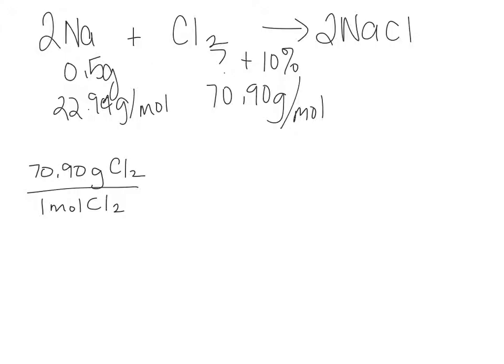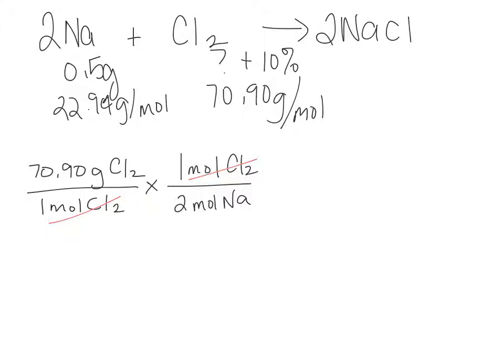I want to get rid of the moles though, because I only want grams of Cl2 in my final answer. So if I multiply it by my mole ratio, I get rid of moles of chlorine, but I introduce moles of sodium.